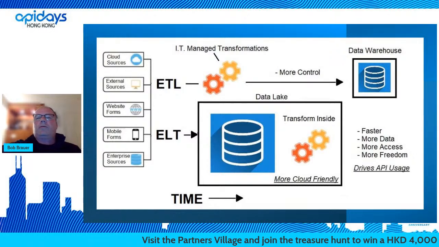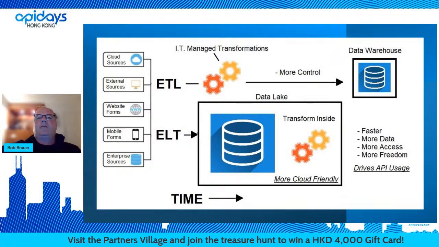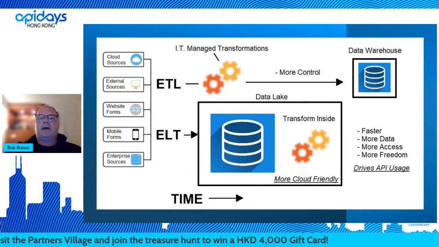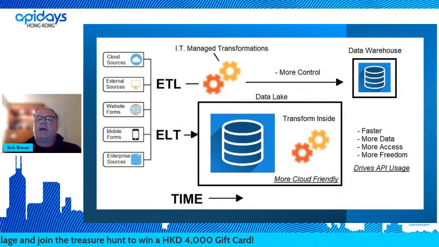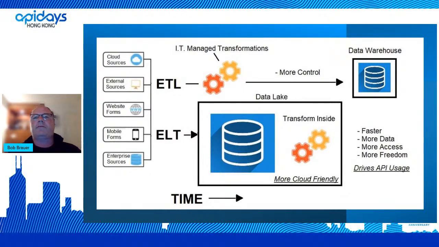So to drill into this a little bit more, you can see a comparison diagram of ETL versus ELT, showing some of the data sources from which data might be extracted. It could be cloud sources, various external sources, website forms where you're collecting data, mobile forms, enterprise scenarios, IoT devices. It could be coming from many different places.